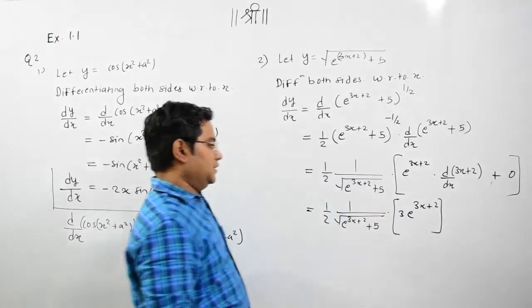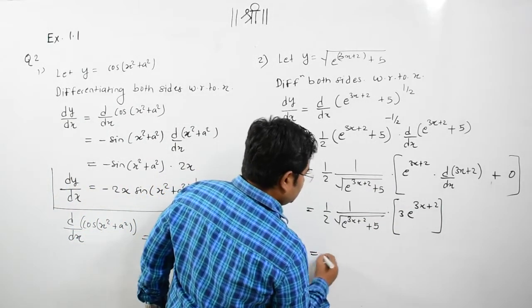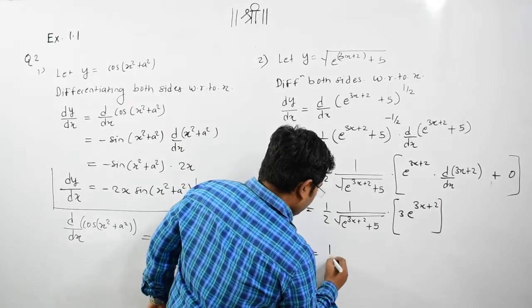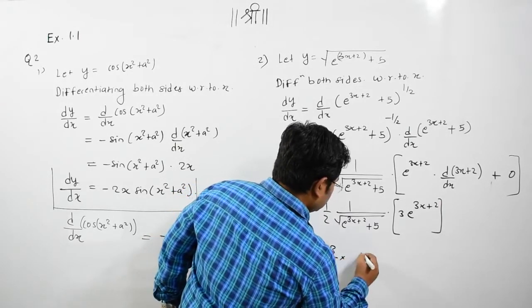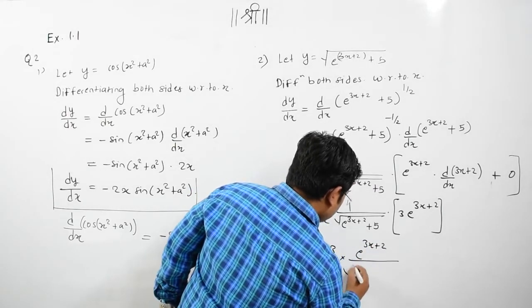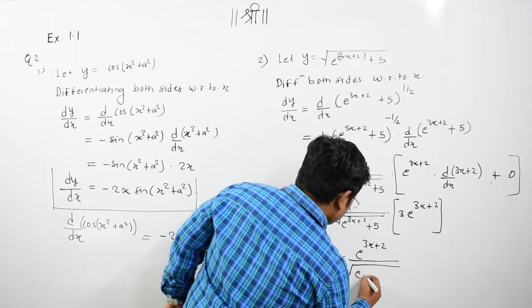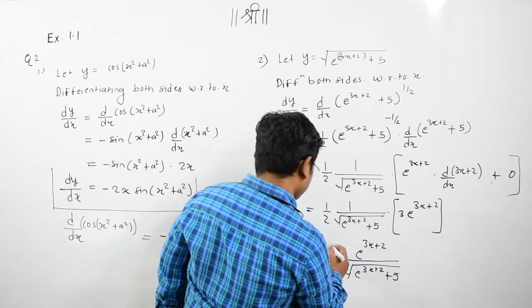Just look at it properly. Am I right or wrong? Yes, correct. Next step: 1 upon 2 means 3 by 2 into e raised to 3x plus 2 divided by under root of e raised to 3x plus 2 plus 5.